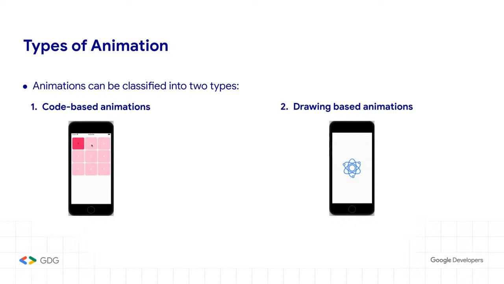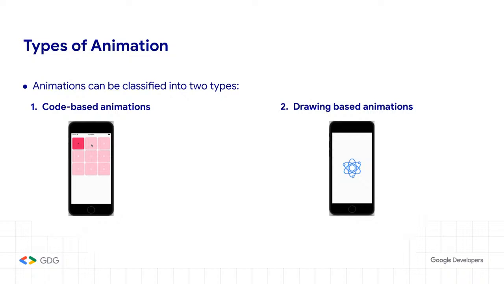The left side here is a code based animation, and there are a total of 9 containers, and every time you click on a container there is a certain animation that appears. Whereas the second type is drawing based. Like I said, with drawing based animations, the animation file exists somewhere on the internet and then we import it into our application.